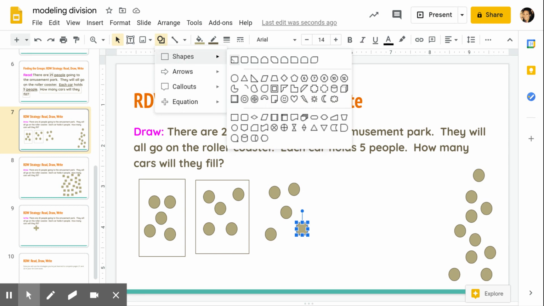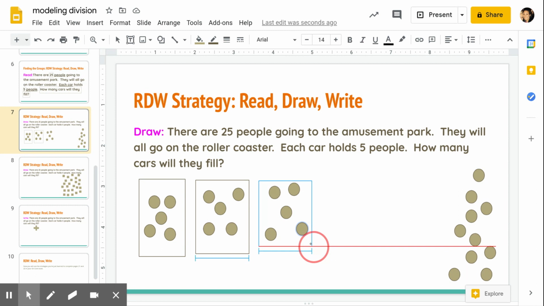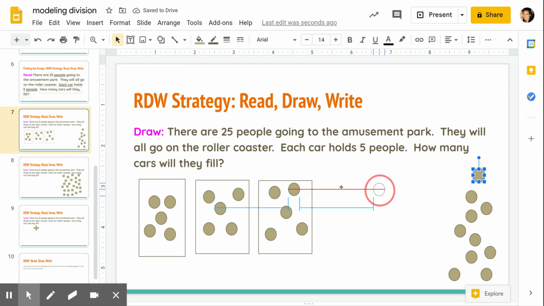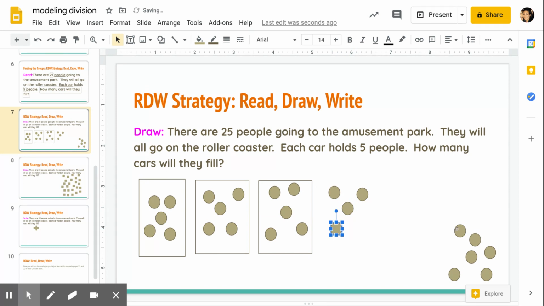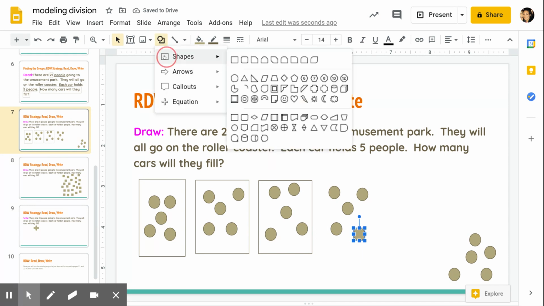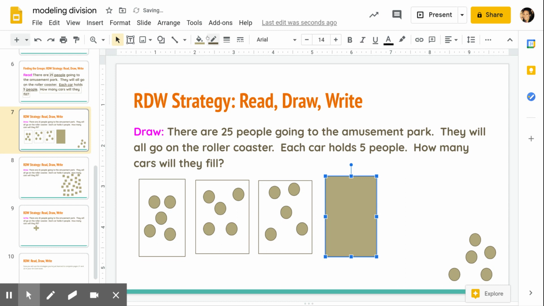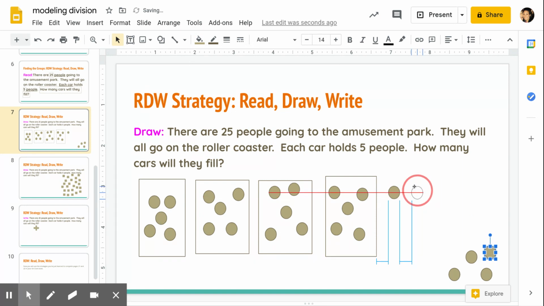Make it a group. 1, 2, 3, 4, 5. Make that a group. And then 1, 2, 3, 4, and 5.